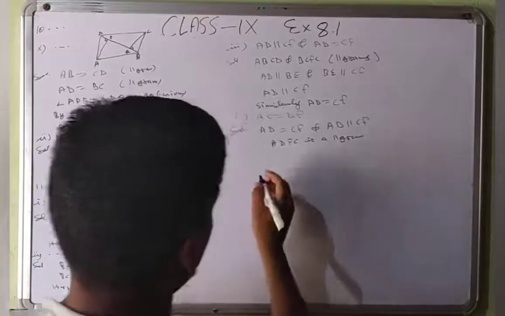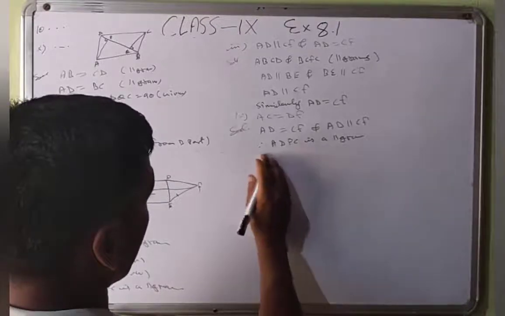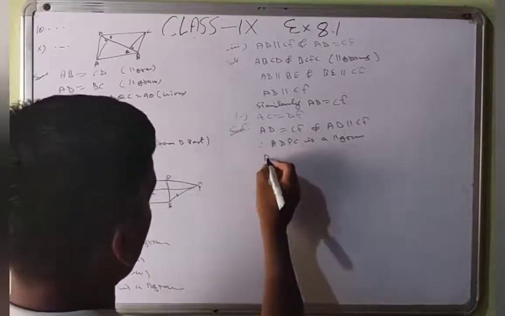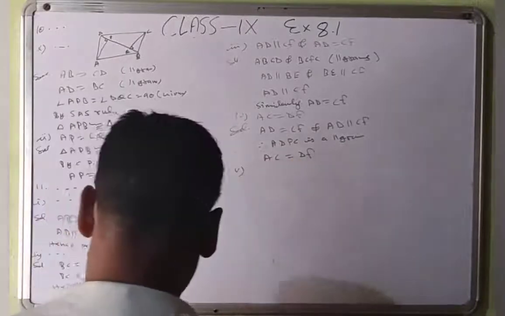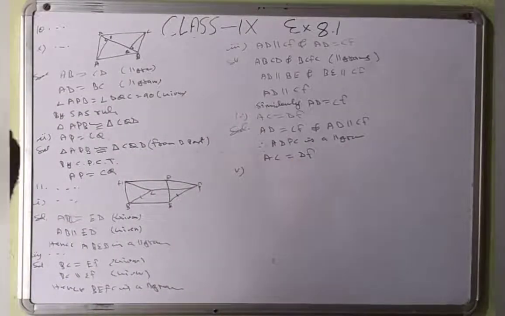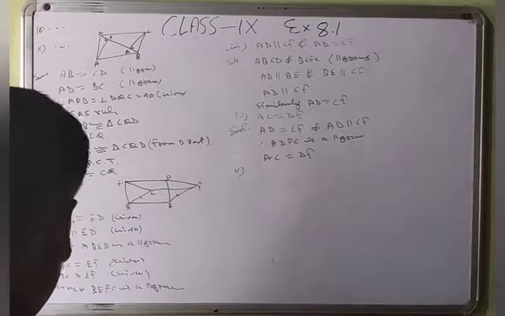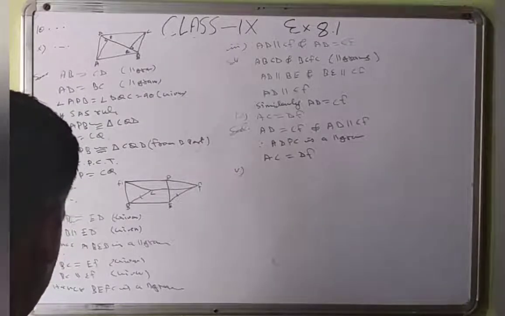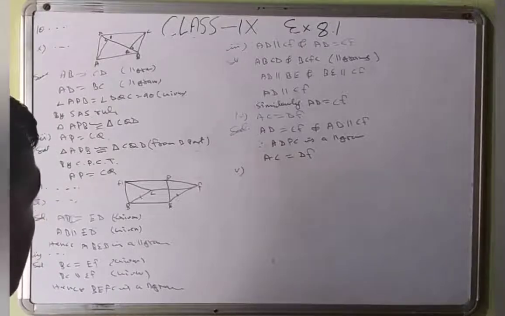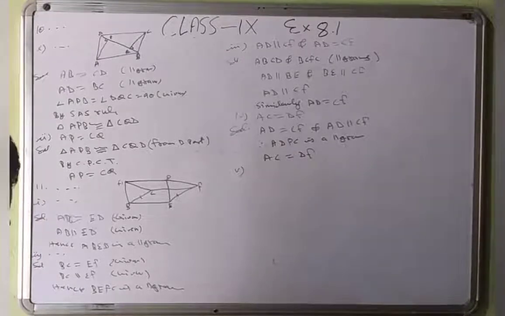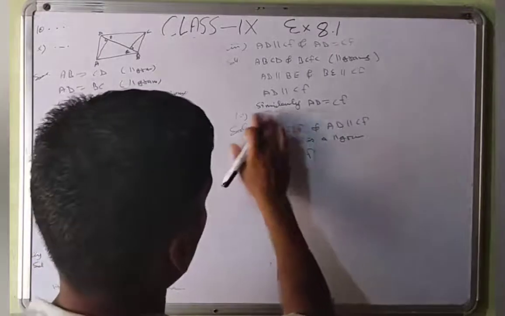If that is a parallelogram, then AC is equal to DF. Fifth part, AC is equal to DF, that's done. The fourth part is left, that ACFD is a parallelogram.